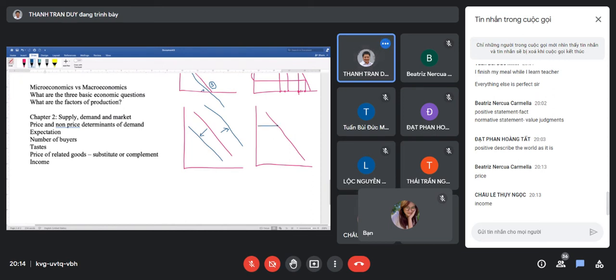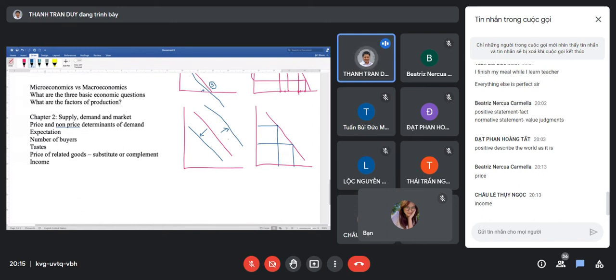However, if we move along the demand curve, it is called a change in quantity demanded. This diagram shows a change in demand, an increase or decrease in demand. Make sure you know the determinants of demand, and that a change in determinants may have a different impact on the market.